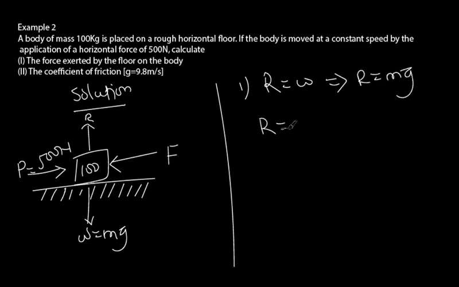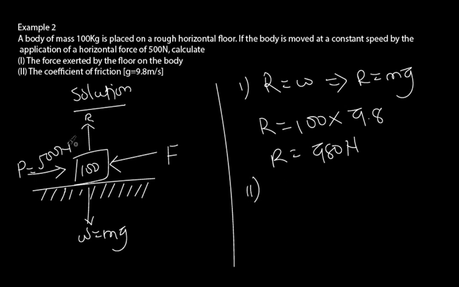So our R in this example is 100 multiplied by the gravity, which is given to us as 9.8. So our normal reaction, or the force exerted by the floor on the body, is going to be 980 newtons if we input this into the calculator.